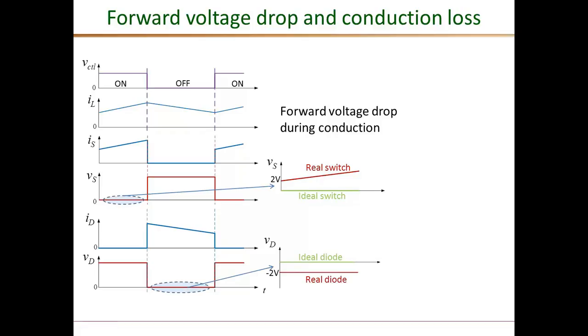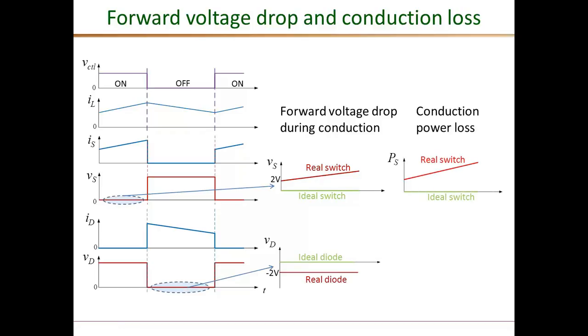When the device is off, it is supporting a large positive voltage, and when the device is conducting, the voltage across it is a small forward drop of the diode. Depending on the type of the diode, the voltage can vary, and it's typically about 2 volts for a high voltage ultra fast diode.